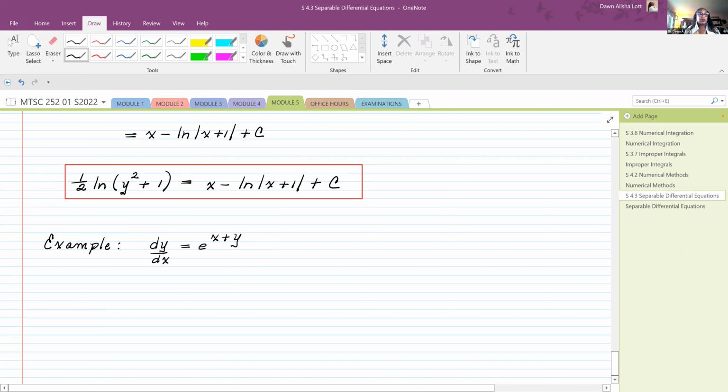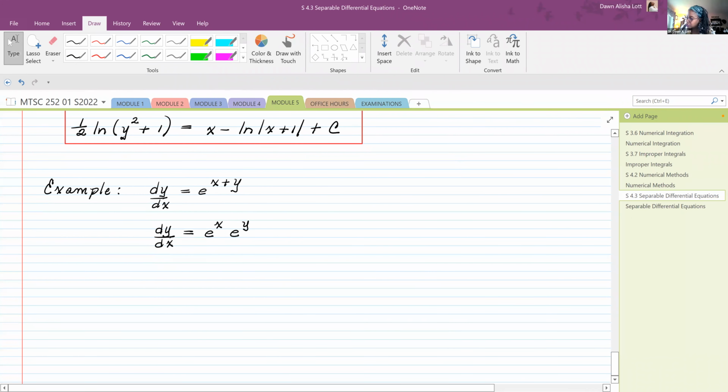Now that does not look separable, but it is, because dy/dx is e to the x times e to the y. And so therefore you put the e to the y on the left-hand side. So you get e to the negative y dy is equal to e to the x dx. And then you continue with the problem.